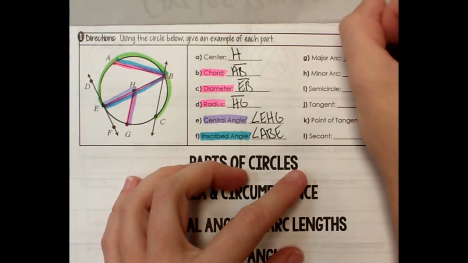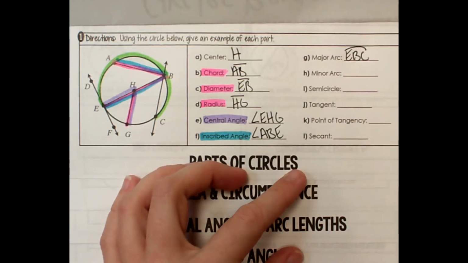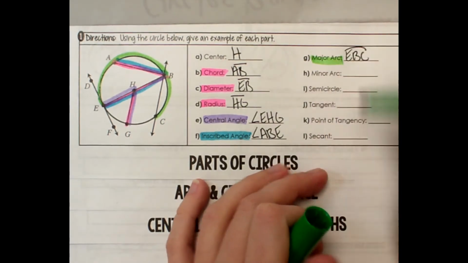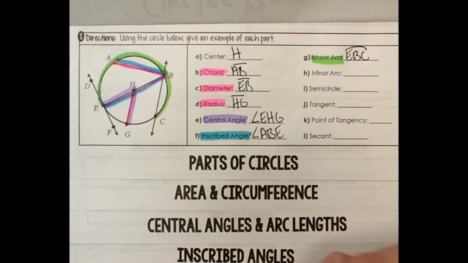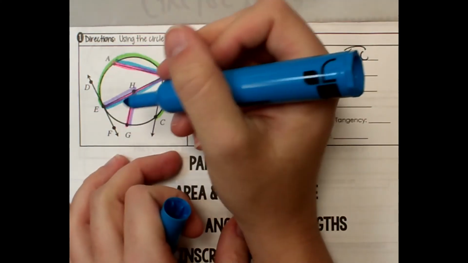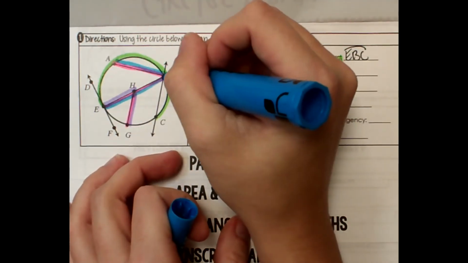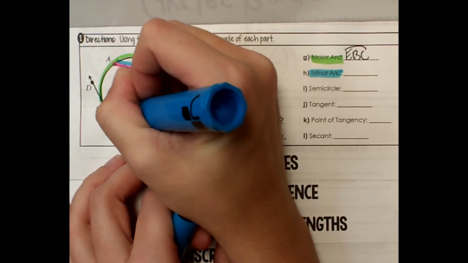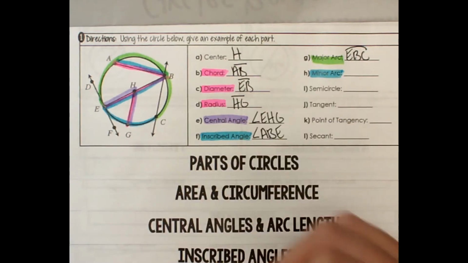Remember, they have to go in the order the letters are given, and it has a little arc over the top of it. And then your minor arc, we'll call this one blue too, would be BC. Now let's just go with EC is a minor arc. EC is a minor arc.